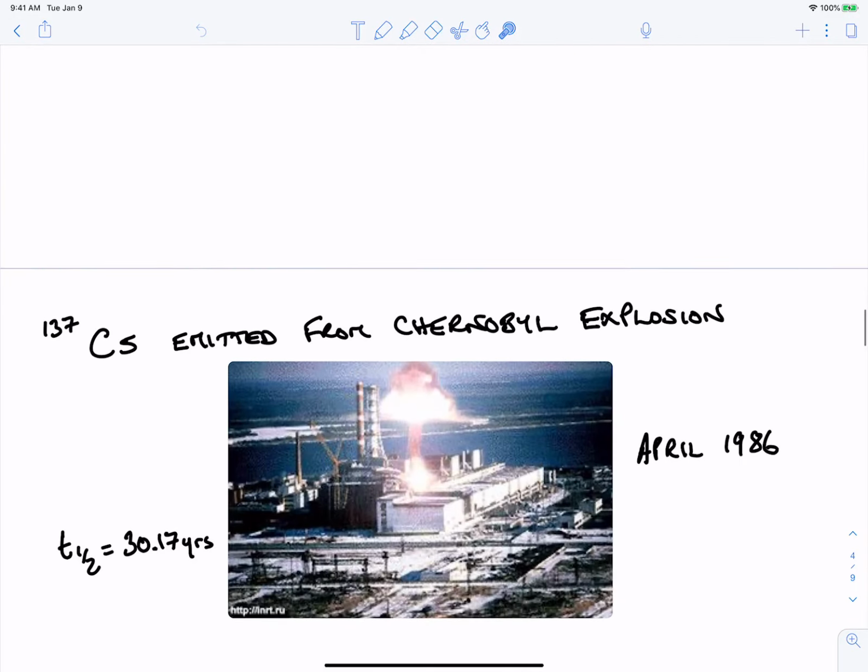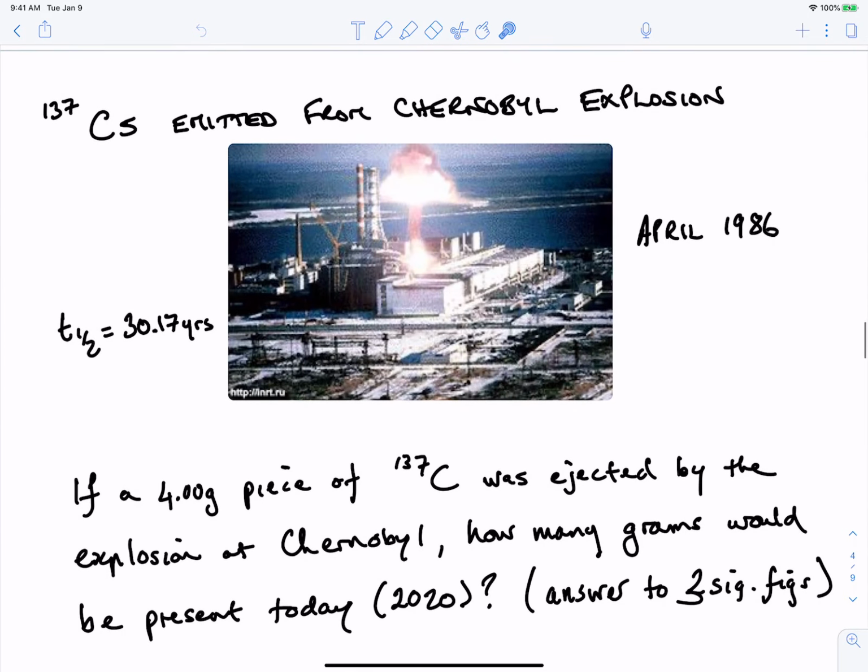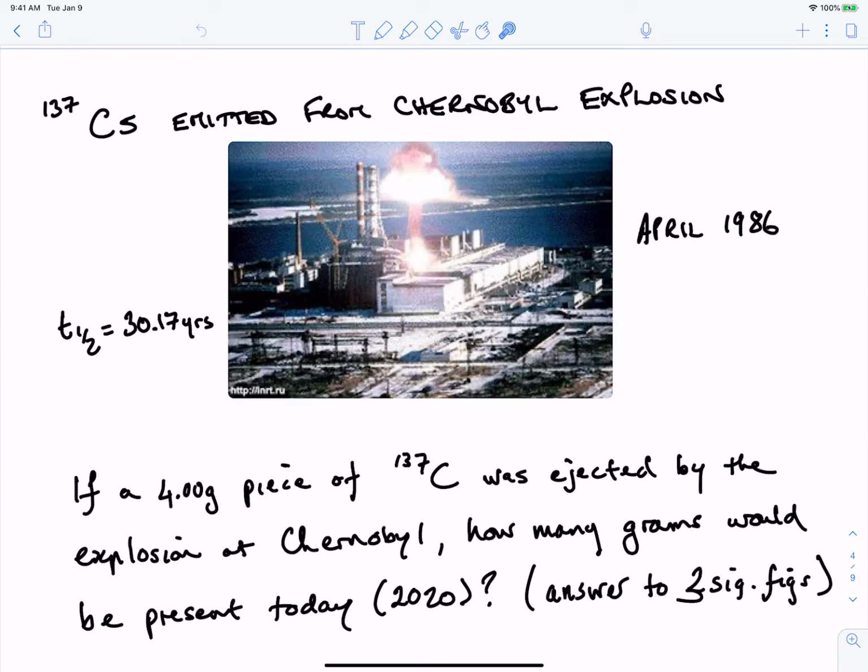And so we could ask another question here. In April 1986, there was a large explosion at a Russian nuclear power plant in Chernobyl, also an HBO movie series. And one of the largest isotopes that was released was cesium-137. It actually ended up in Wales and England, and affected some of the sheep when I was a younger person.